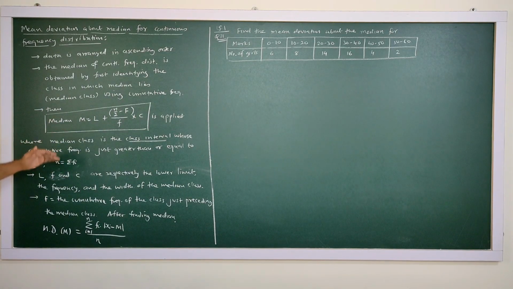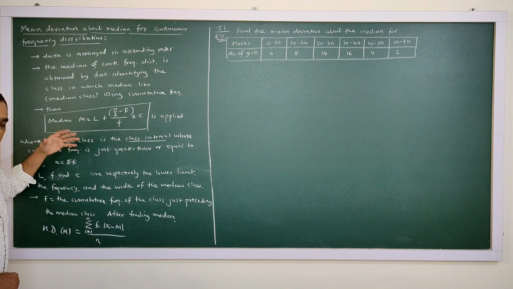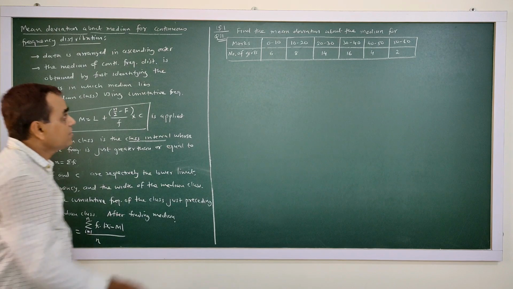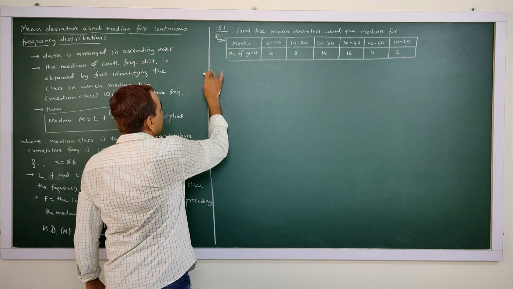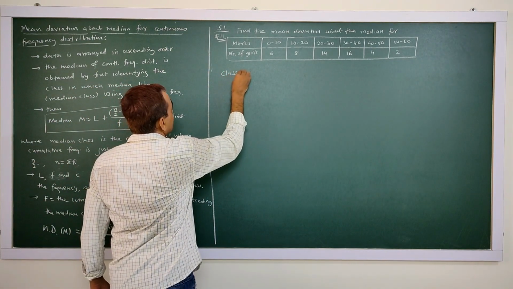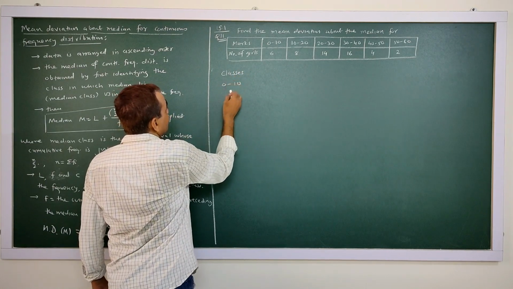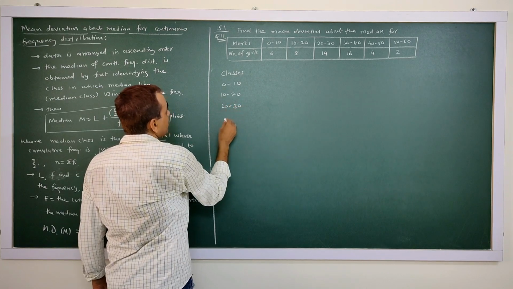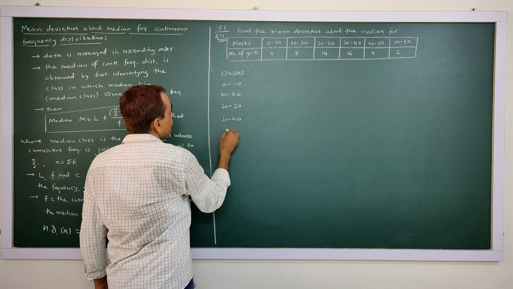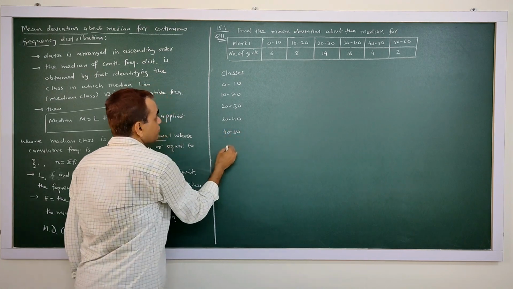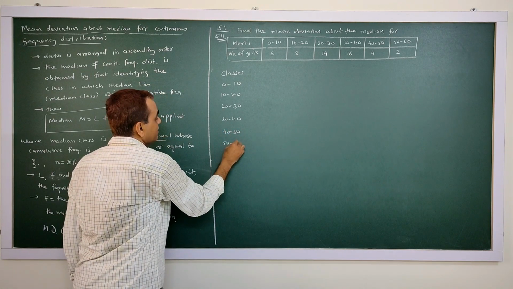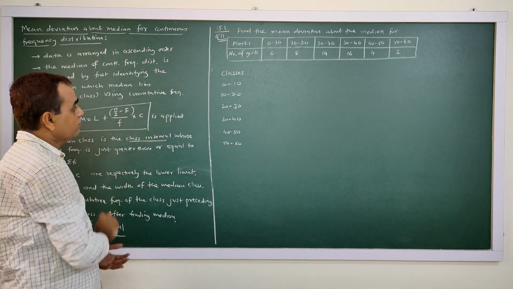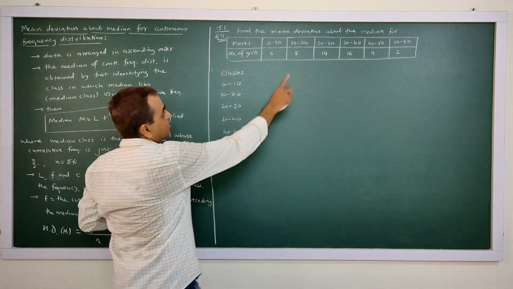Before applying this formula, let me put this in columns. So here the classes are 0 to 10, 10 to 20, 20 to 30, 30 to 40, 40 to 50, 50 to 60. 1, 2, 3, 4, 5, 6 classes.